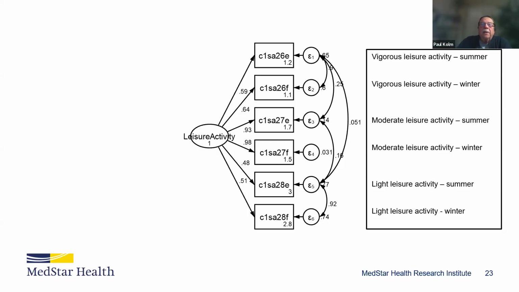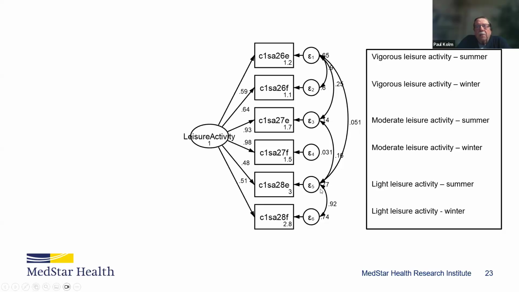So anyway, again, we'll call this leisure activity, our latent variable. And here are our factor loadings, which are really pretty good, and then some correlations that I thought might exist. Here, the correlation between the summer vigorous and, I guess this would be, the light in the summertime is not real great. So it may be that I could get a better fit if I took this one out, but we'll leave it in for now.